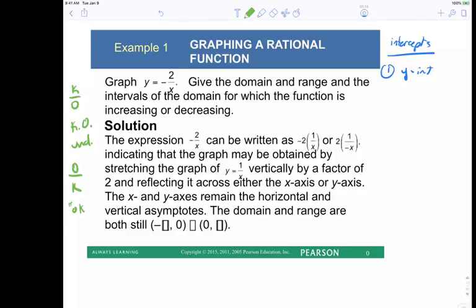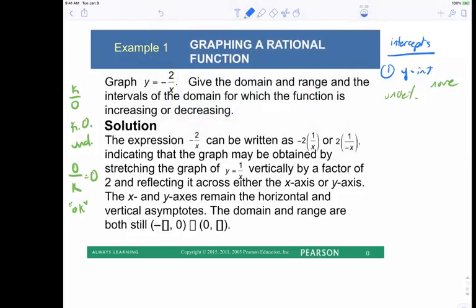So this is equal to 0. Do we have the KO or do we have the OK? We have the KO. So that means this one is going to be undefined. So there's no Y-intercept. When we set x to 0, it's undefined, so we're going to say none here.